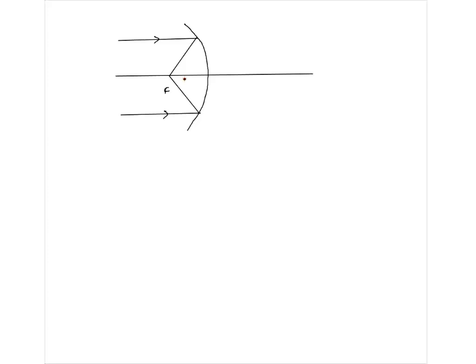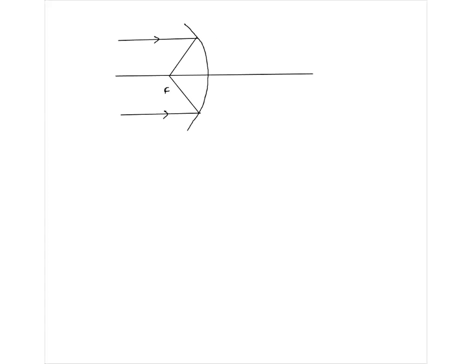And when we talk about the convex mirror, in that case, things are different. For a convex mirror, this fellow is trying to converge the rays, and that fellow is trying to diverge the rays. So if you take this ray, for example, it would try to throw it away, and likewise you can take so many rays.